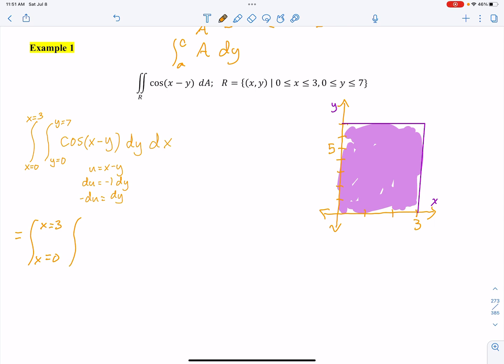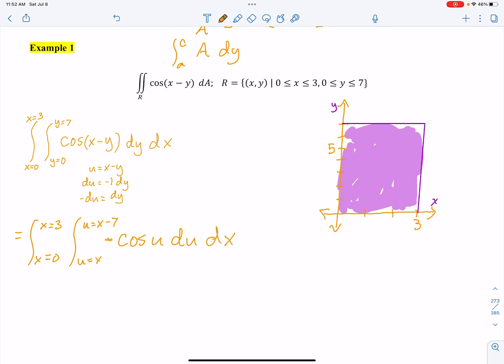I'm just going to plug that into the u function, which means if I plug in y equals 7, I'm going to get u equals x minus 7. And then on the bottom, I'm just going to get u equals x, because plugging 0 would make the y go away. I'm going to plug this in now, cosine of u. I need to introduce the negative with the du, and then dx.